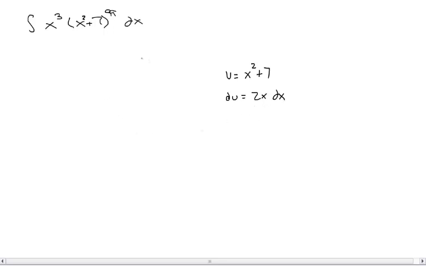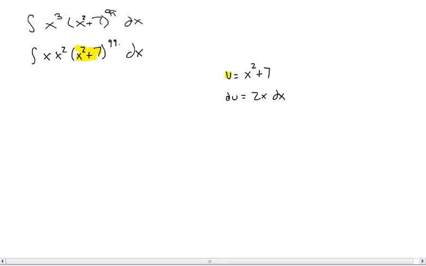And now I want to rewrite this integral so that everyone can see the substitutions I'm going to make. So I'm going to rewrite x cubed as x times x squared, times (x squared plus 7) all raised to the 99 dx. And now the first substitution is the one we created, so x squared plus 7 is going to be equal to u.